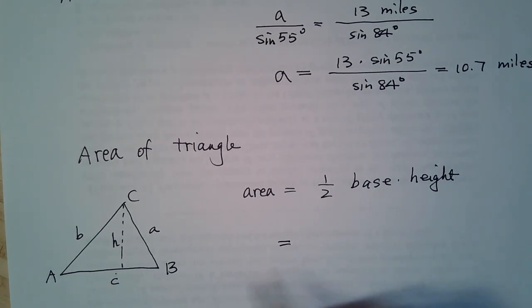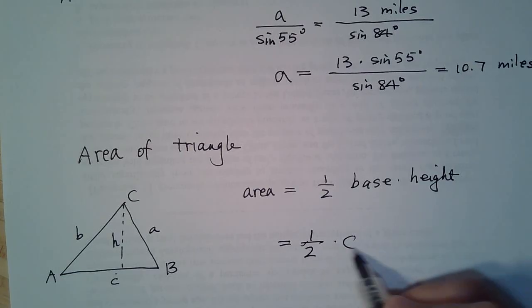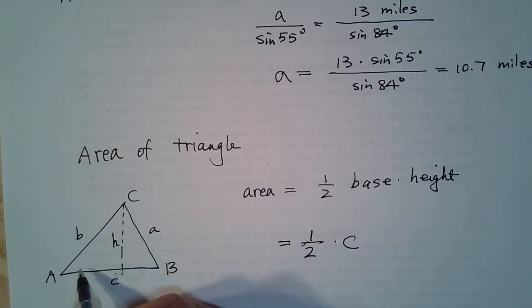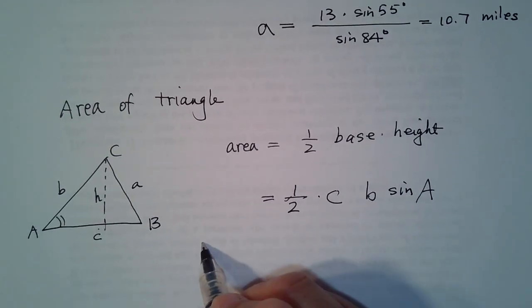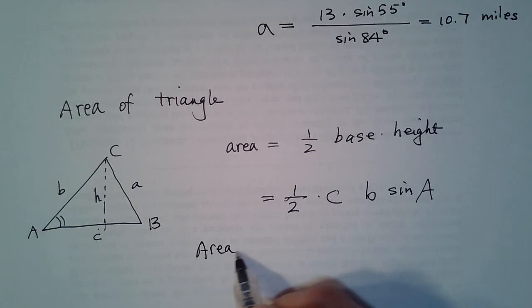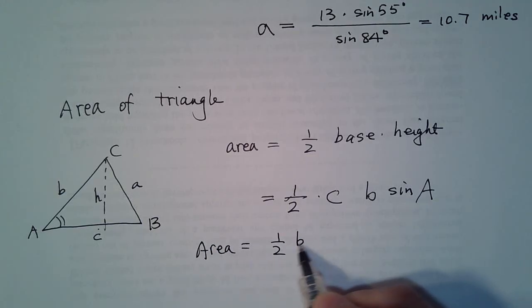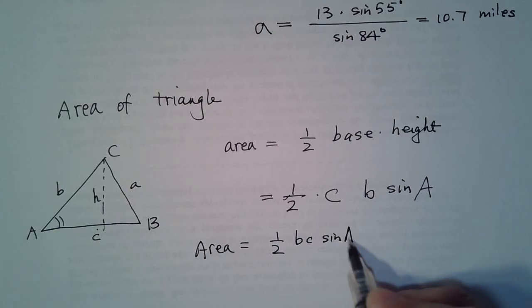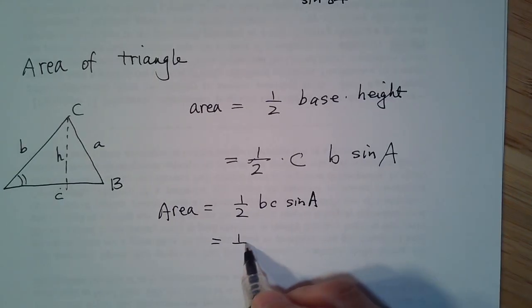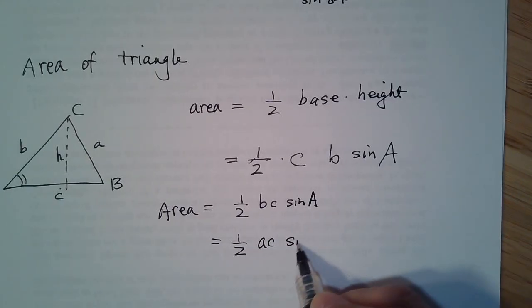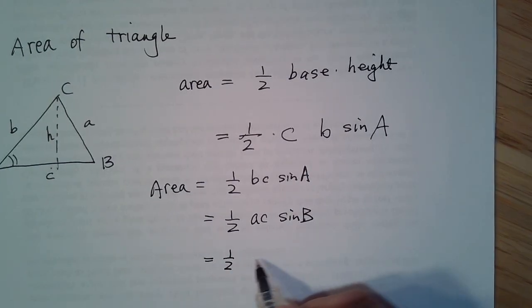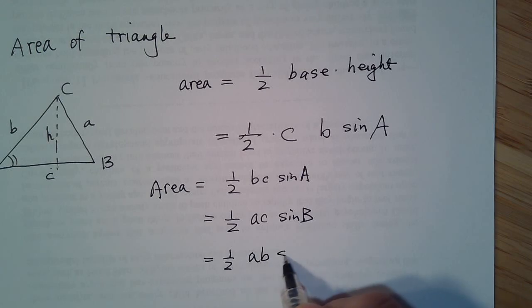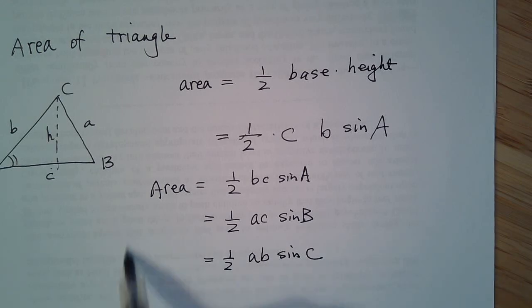So in this case, my base is C, and the height, this H, is actually B sine A. All right, so let me just write it in a better way. So my area equals 1/2 BC sine A. Equivalent is going to be 1/2 AC sine B, or 1/2 AB sine C.